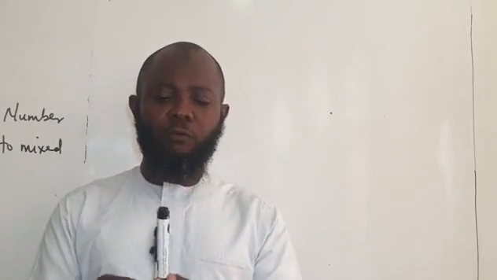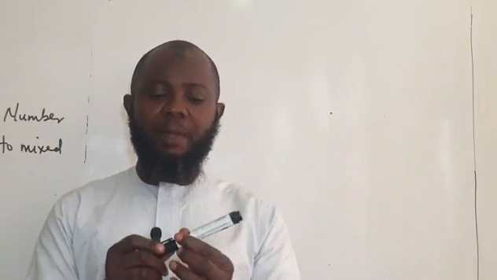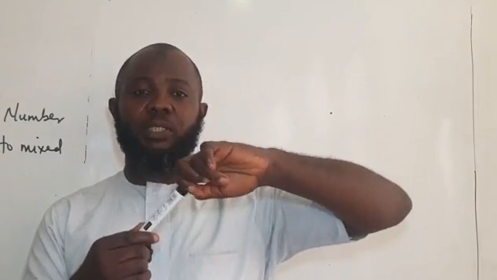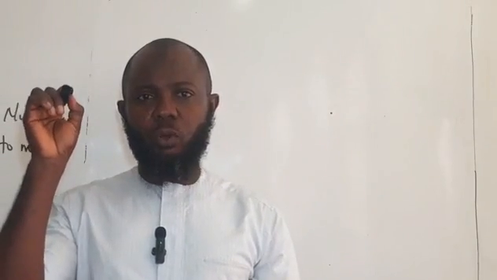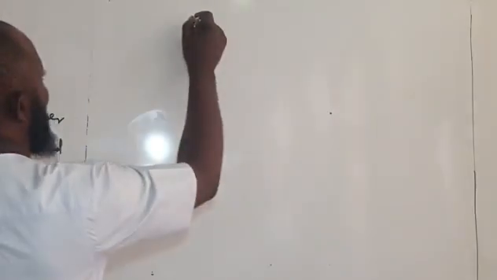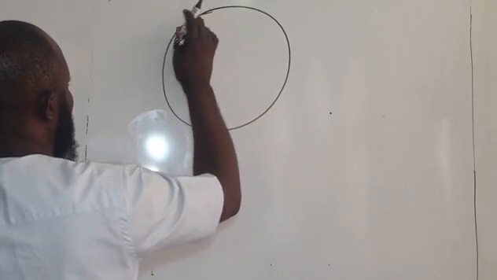Part of this marker is the cover, right? And part of it is the bottom here, this part which I can remove. So part of a whole is what we call what? Fraction.